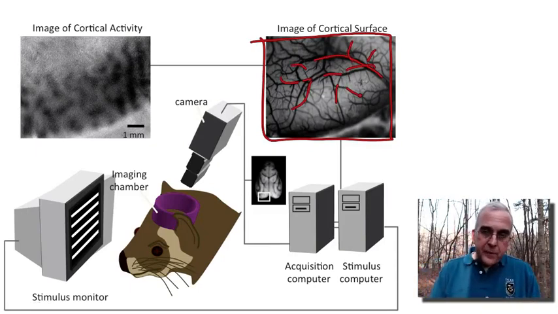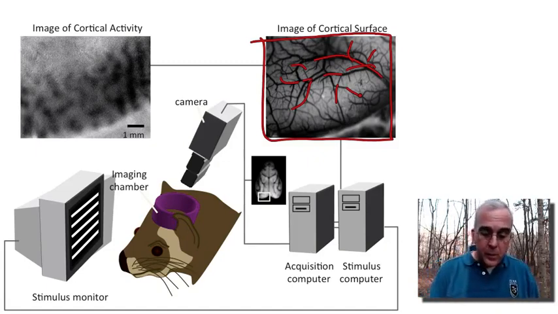Now, if we take an image of the brain with no stimulus on the screen and compare that to an image taken while a stimulus is presented, we can subtract those images and look for the very small change in the absorbance of light that is a reflection of brain activity.